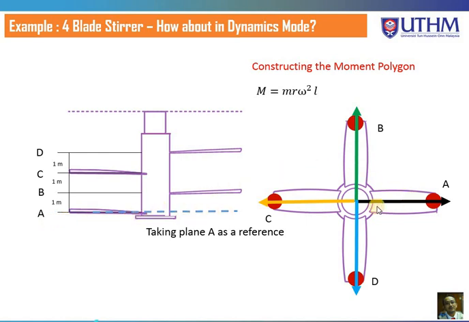We have to take any plane as a reference plane to understand how the moment polygon looks. Plane A will have no magnitude because we take it as the reference plane. So the moment polygon will start with B.